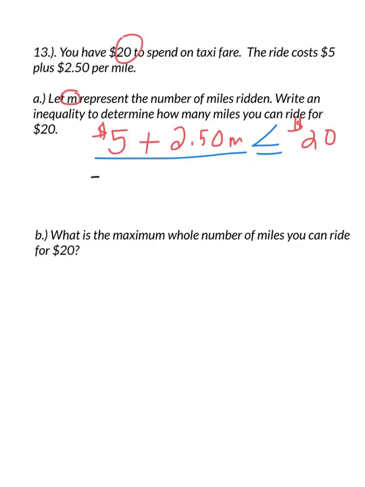The inequality would be $5 plus $2.50M less than or equal to $20. Whatever I spend here has to be less than or equal to $20. That's all I have. So what is the maximum whole number of miles that I could ride for $20? So I'm trying to figure out what this M is, the maximum number of miles here. Easy. Let's solve this equation.